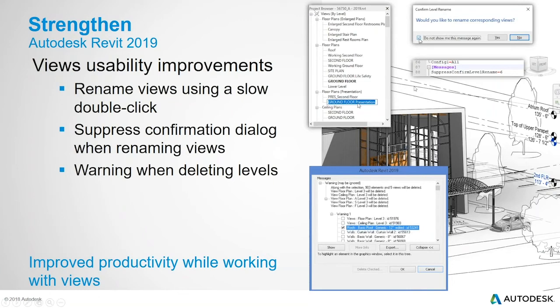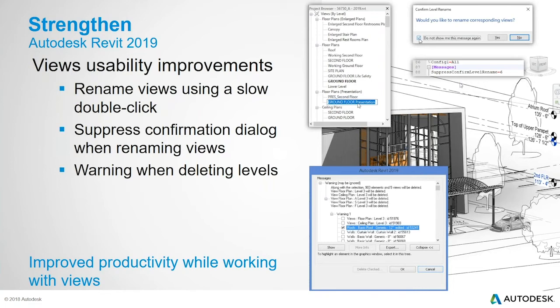If you look in this particular area here, what I did is I actually went through the process of renaming that level, and then I had Revit write to the INI file to show me where the command is to be able to suppress that dialog box. So you have an end user, dialog box is suppressed. You want to not have it suppressed.